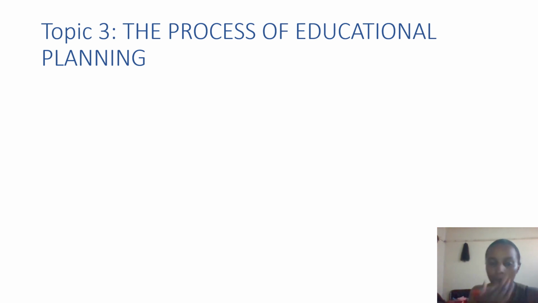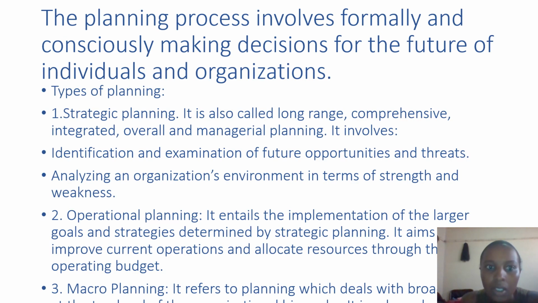We go to the next topic, which is the process of educational planning. The planning process involves formally and consciously making decisions for the future of individuals and organizations. We have several types of planning.